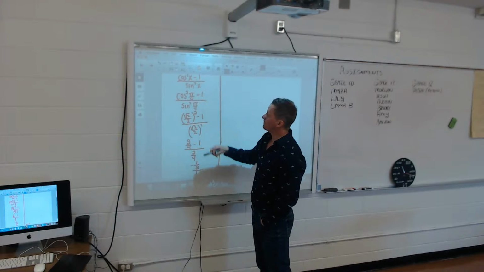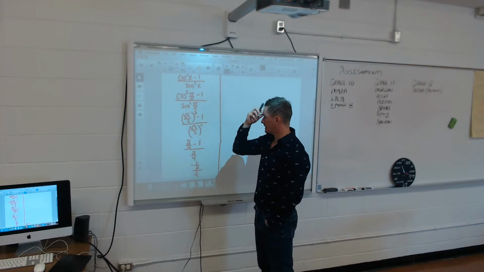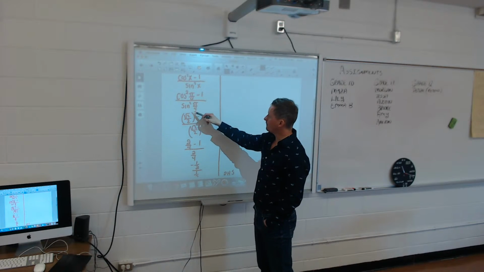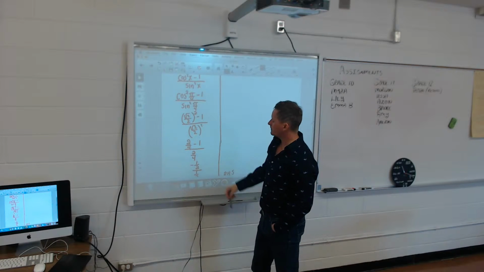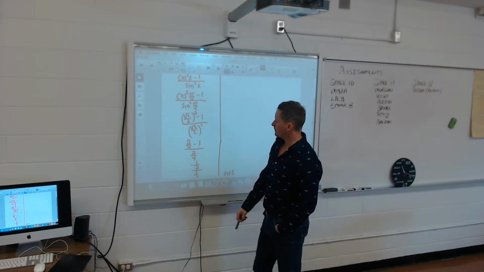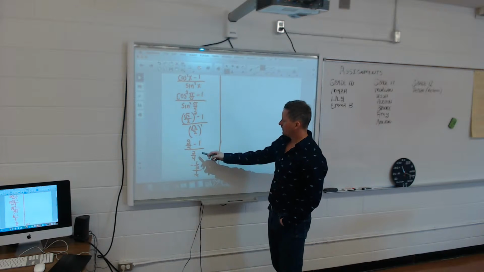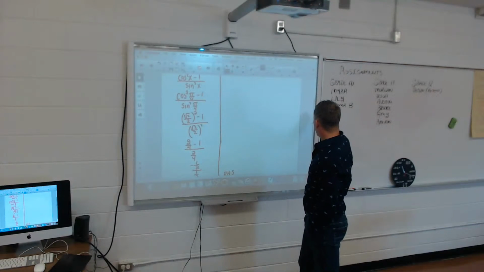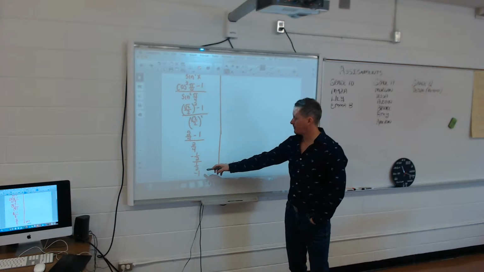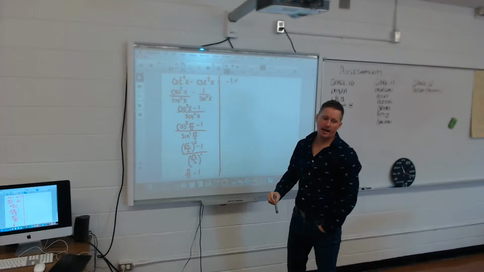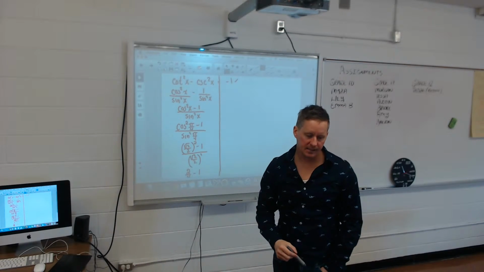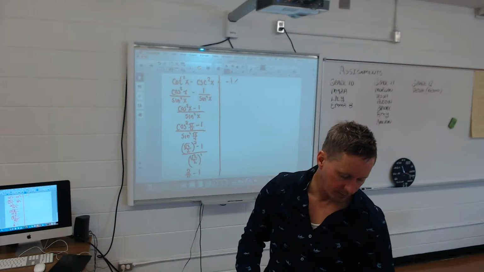So the cos of pi over 4 is root 2 over 2. So I substitute that in. The sine of pi over 4 is root 2 over 2. Square both those values. I end up with 2 over 4 minus 1 over 2 over 4. And when I divide them out, I end up with minus 1, which is exactly what I needed to end up with here. This is called a trig proof.